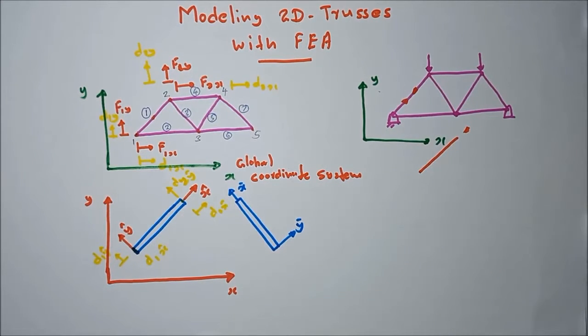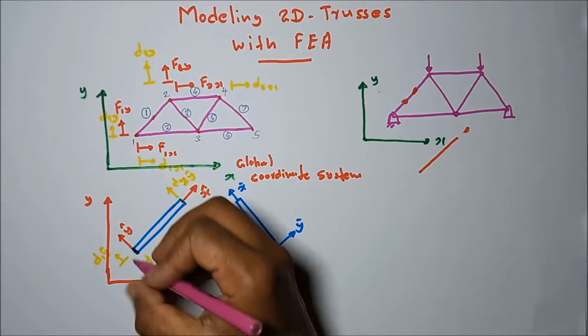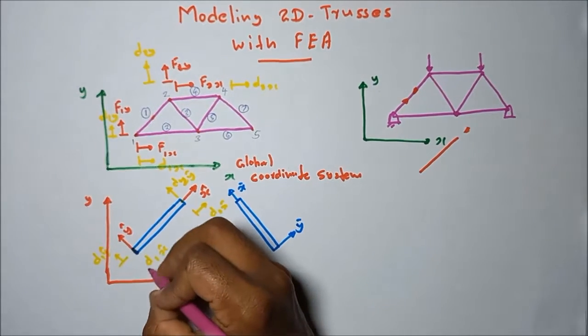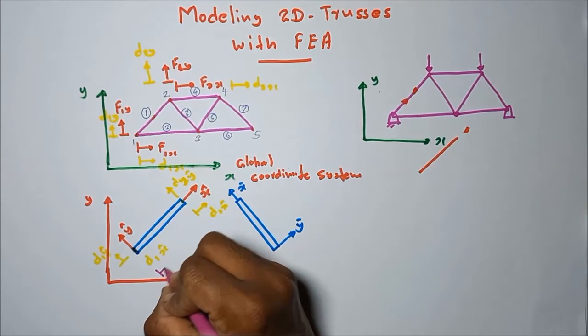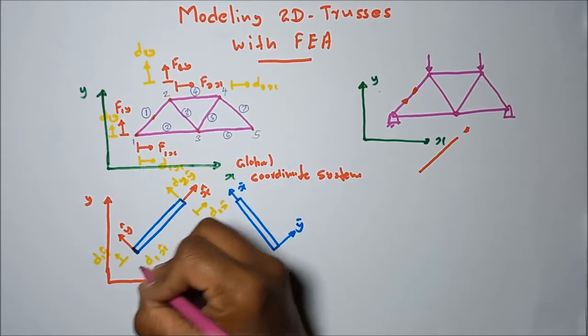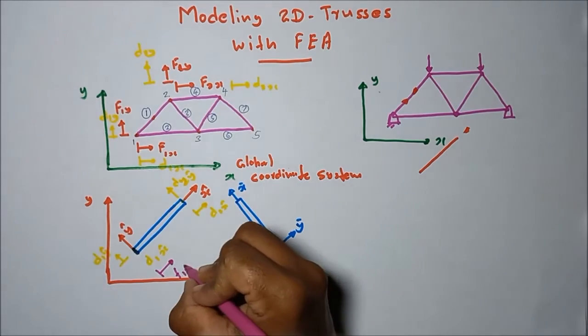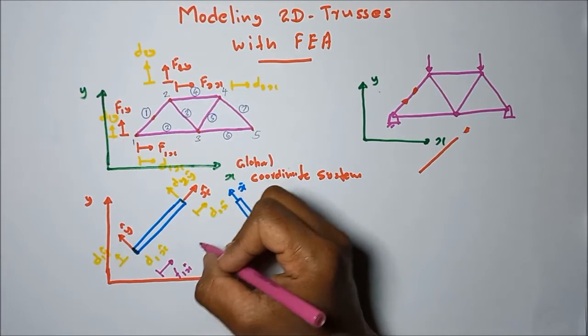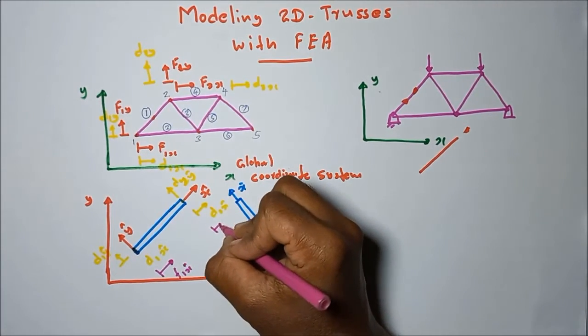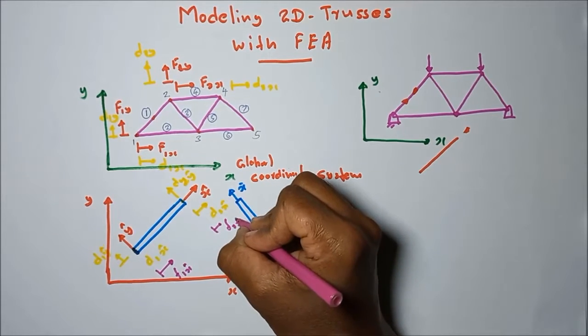Similarly, we can mark the local forces also. Along the x hat direction, the local force acting on the node 1, element 1, f1 x hat, and for node 2, f2 x hat.